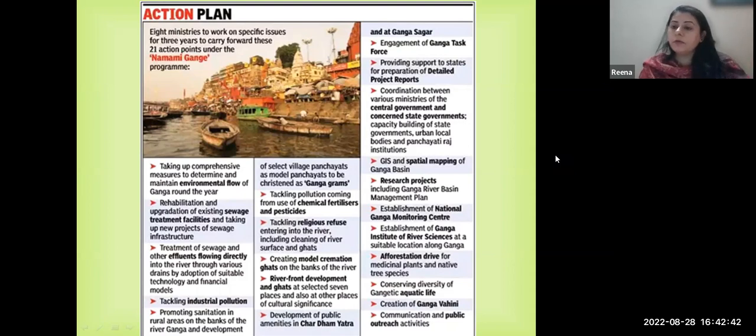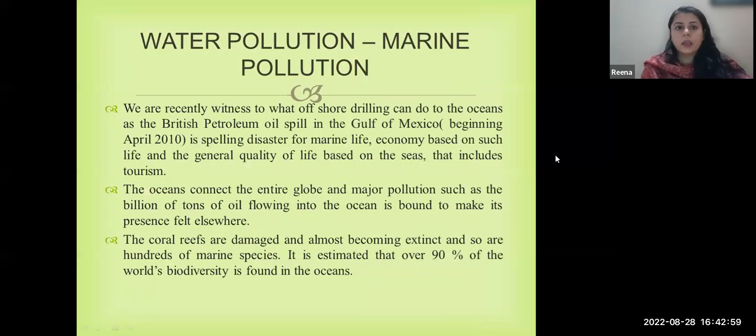As an environment professional and as a researcher or scientist who has thorough knowledge of sustainable development and the environment, you should ensure that the allocated funds are always utilized for the activities they have been designed for. Then water pollution, if we study it, is a major cause of marine pollution.